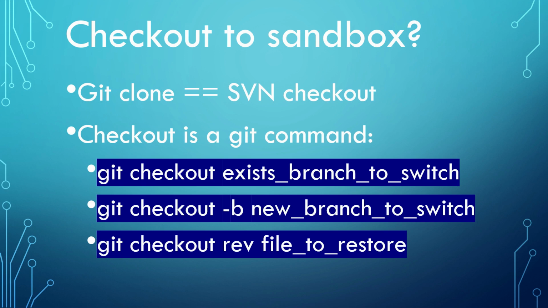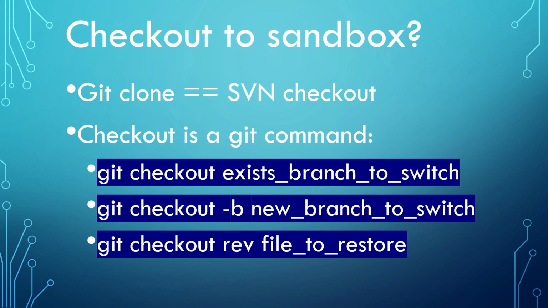SVN checkout, on the other hand, will give you a working copy of the central repository without all the commit history, revision history, etc. So you have to connect to the central server when committing the code. In other words, an SVN working copy is not the full repository. Furthermore, Git checkout has a different meaning.